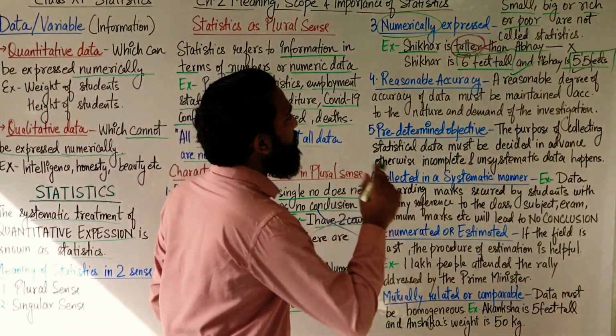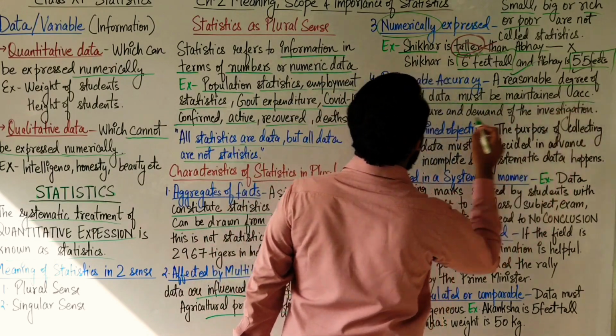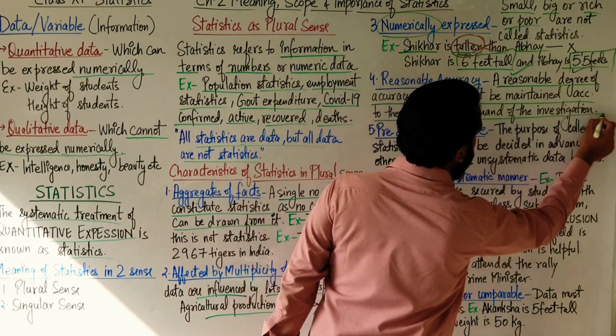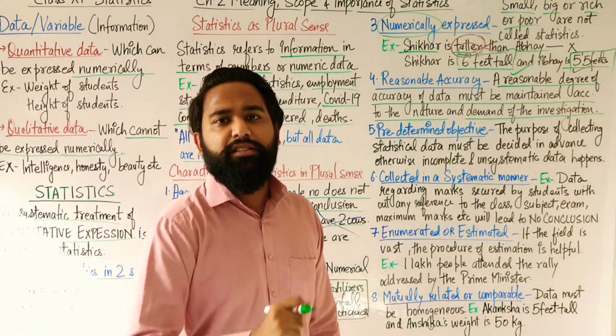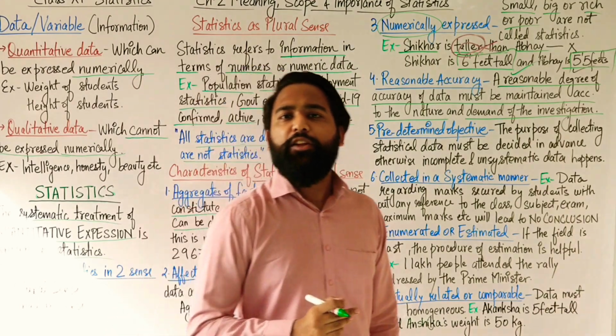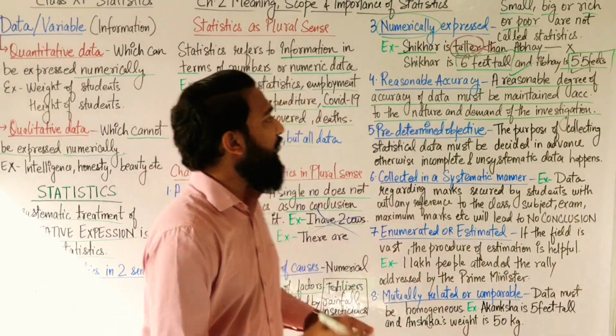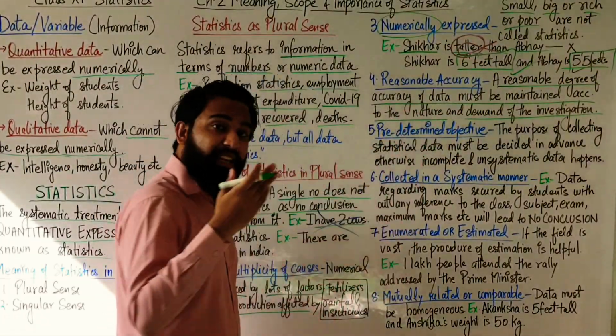So, keeping that in mind, a reasonable degree of accuracy of data must be maintained according to the nature and demand of the investigation. Suppose in your class 10 there were 6 subjects and I only asked about 4 subjects. Will I be able to maintain your report card? No, because I have missed some data. The reasonable degree of accuracy is incomplete here.